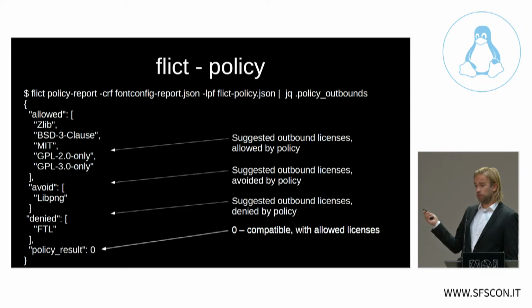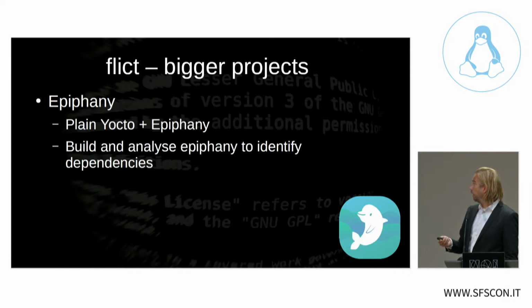So, okay, for this project, you can choose among the allowed licenses, the outbound, etc. You get the point. Policy result here says that 0 is totally okay. 1 is like, it's okay, but we have to use one of the avoided licenses. 2 means it's not okay. These licenses are not compatible at all.